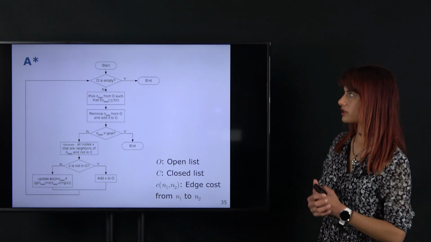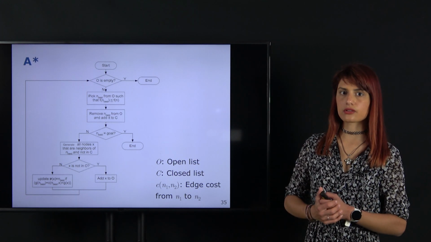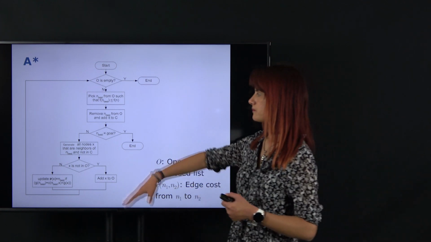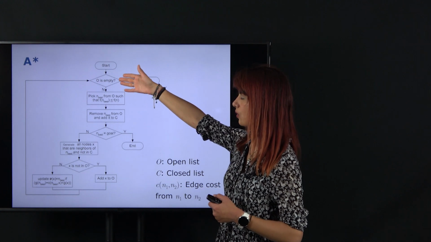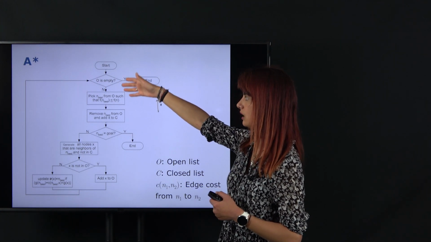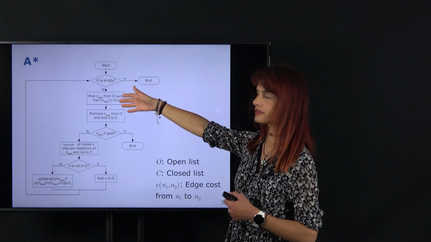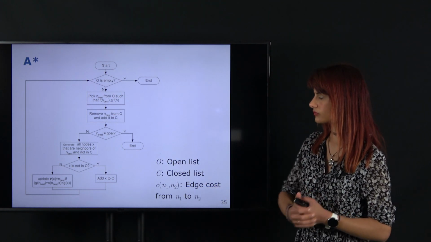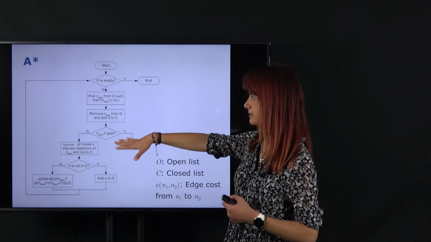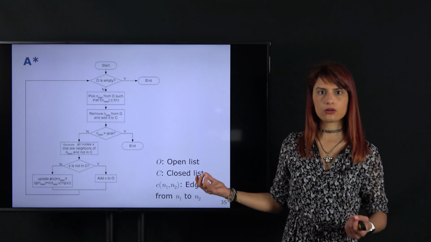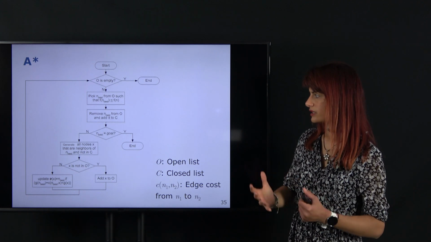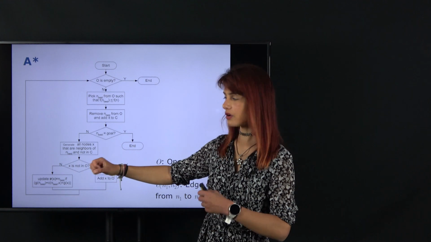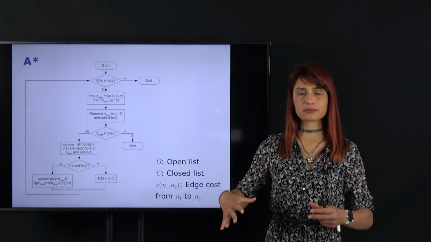And first, let's have a flowchart visualization of how the A-Star algorithm operates, so the flow of data. So if we start here and O is our open list, we have to basically pick the next best node according to the heuristic value. And then we take that node, we expand it, and we check, did we reach the goal? And if we didn't reach it, then we generate all the children of that particular node, so the node has been expanded.